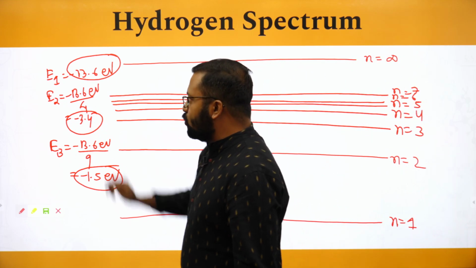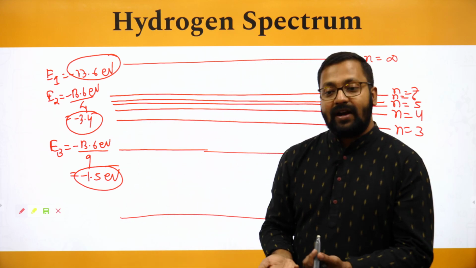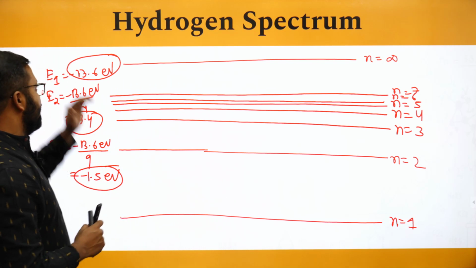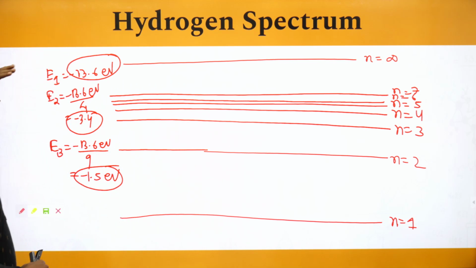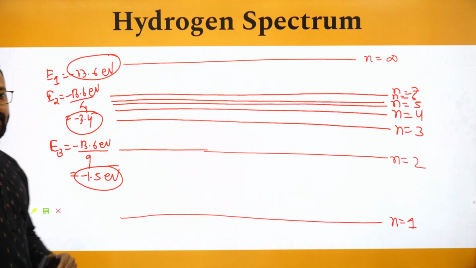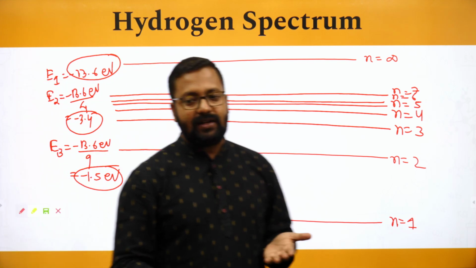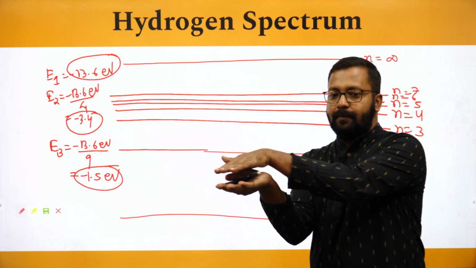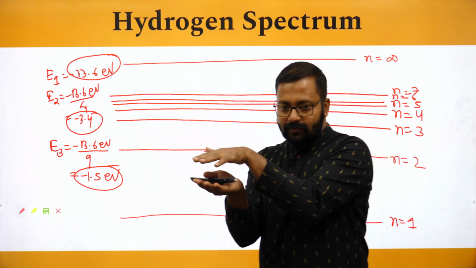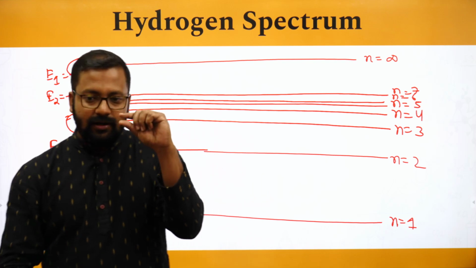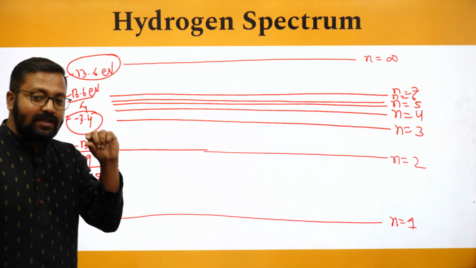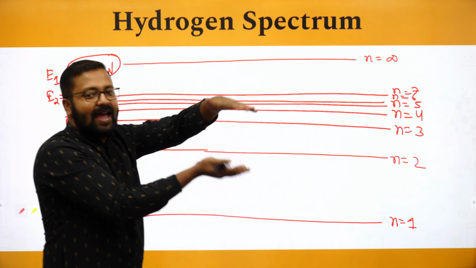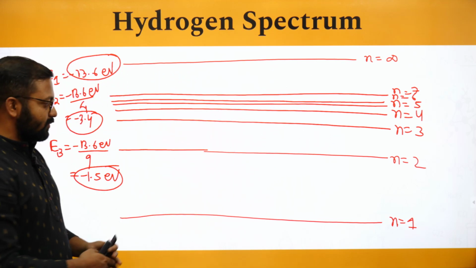Which successive energy levels have greater difference? E1 and E2 rather than E2 and E3. So as you keep on increasing the denominator, the energy level values start coming close to each other. The energy difference starts decreasing. That's the reason they are stacking very close to each other.